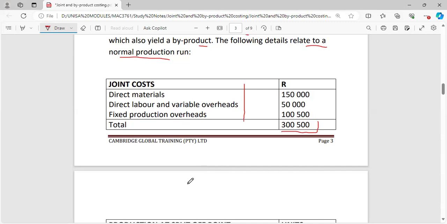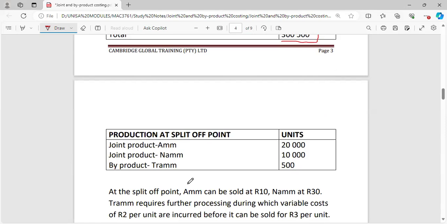So let's look at the part of the question. They say production at split off point. We have joint product, it has 20,000 units. Joint product NAM, byproduct TRAM.